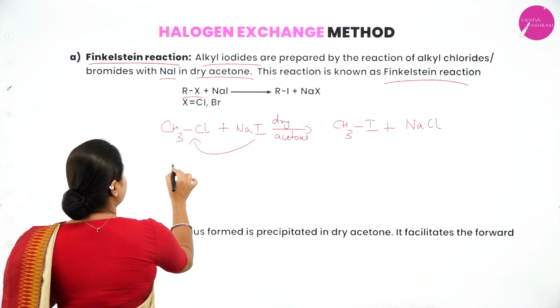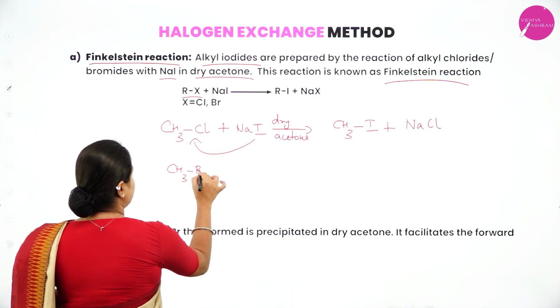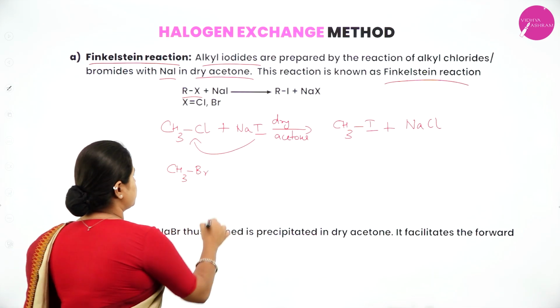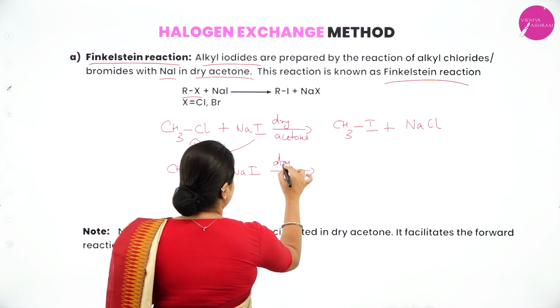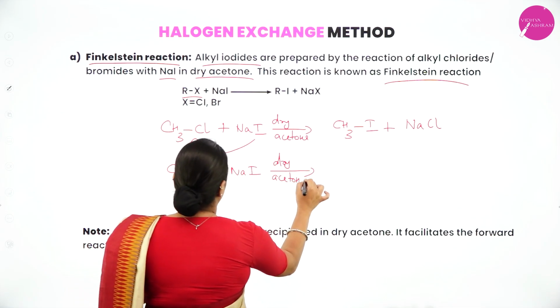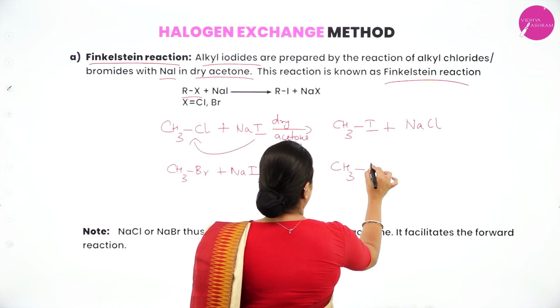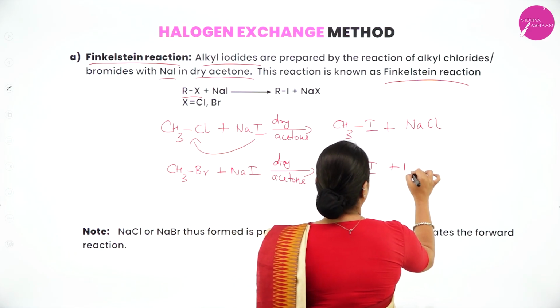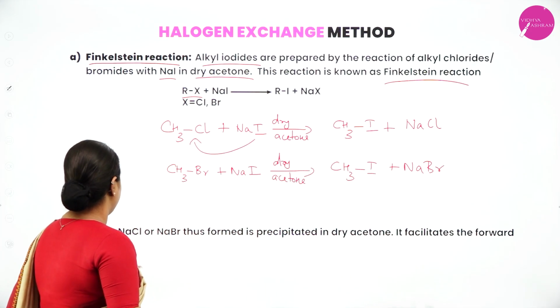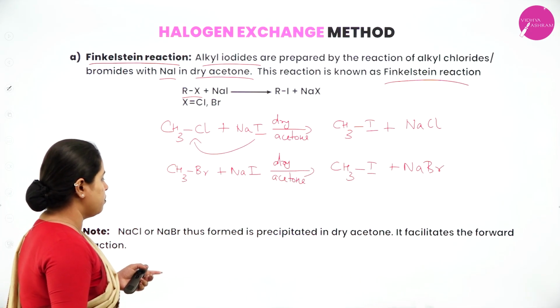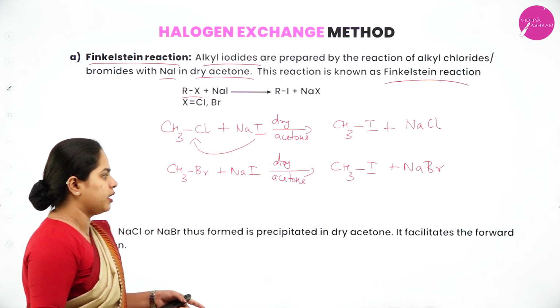Instead of chlorine, it can be bromine also, CH3Br, bromomethane, in the presence of sodium iodide and dry acetone. What will happen? You will get CH3I, iodomethane, and sodium bromide will be formed, right? Now the sodium chloride or sodium bromide thus formed is precipitated in dry acetone.